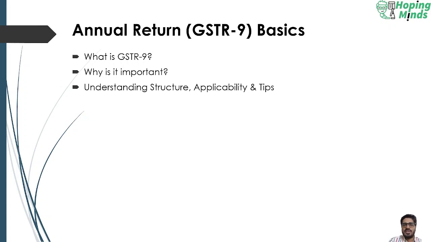So under the composition scheme, the dealer cannot raise a tax invoice and also cannot claim the input tax credits. Under the composition scheme, the taxpayer is required to pay a fixed percentage of GST on the turnover achieved during the quarter and shall file the return CMP-08 at the end of each quarter and GSTR-4 as the annual return at the end of the financial year.